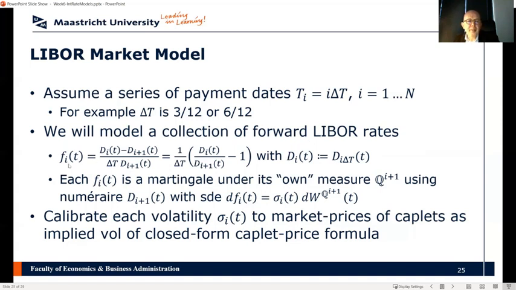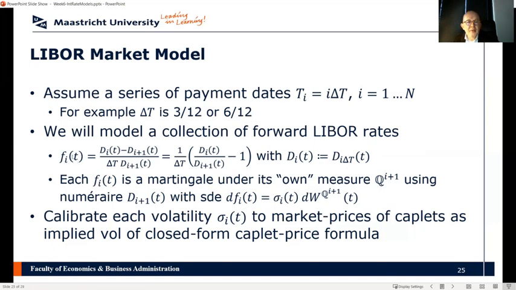So each forward LIBOR rate, and again, I'm simplifying the notation a little bit, for time point Ti, so actually for the time interval Ti to Ti plus 1, I will denote this forward LIBOR rate with F sub I.